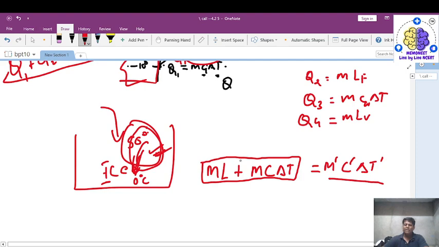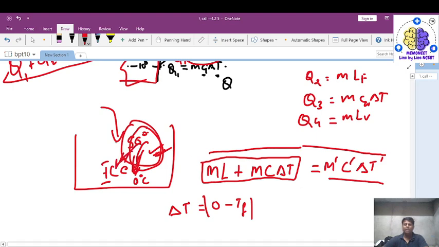The amount of heat gained by the ice is equal to the amount of heat lost by the sphere. Delta T for ice and water will be equal to T final minus 0. We are simply taking the magnitude. Because the initial temperature was 50 degrees, and heat will be exchanged between the two bodies until both reach the same temperature, that is T final, right?